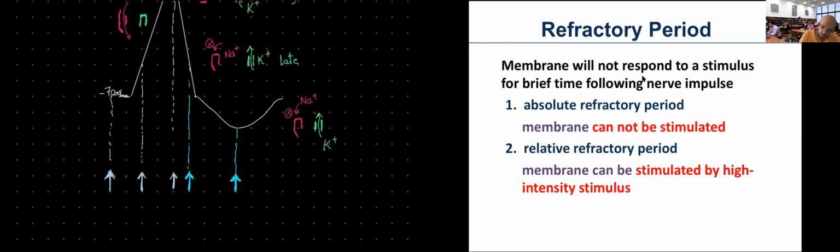So let's put numbers on here. This is stimulus number 1, the one that took place during depolarization. Number 2 is taking place during early repolarization. Number 3 is the one that takes place during late repolarization.